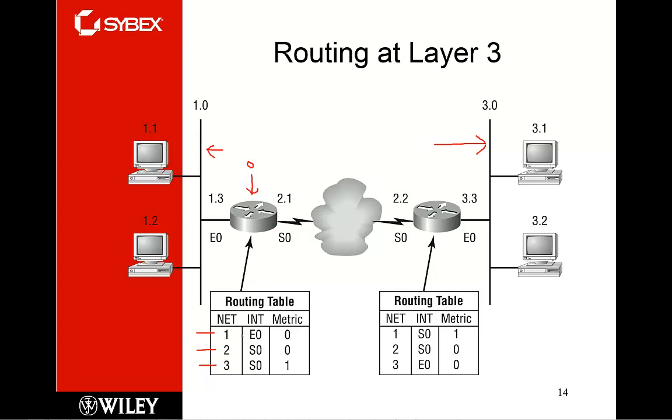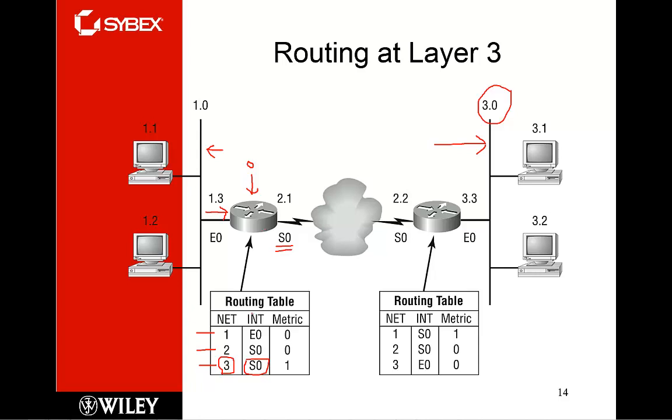Oh, the routing table. So look at this magic here. Look at network number 3. Okay, that again is over here, network number 3. If I want to send traffic to 3, I go out my interface S0, serial 0. So as the traffic comes in here from network 1, trying to go to network 3, it'll send it out its serial interface.